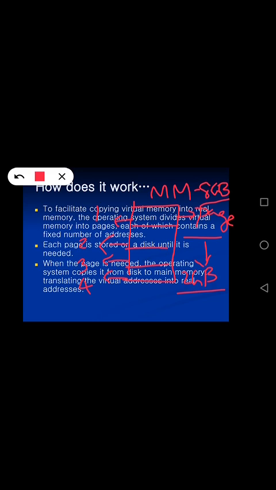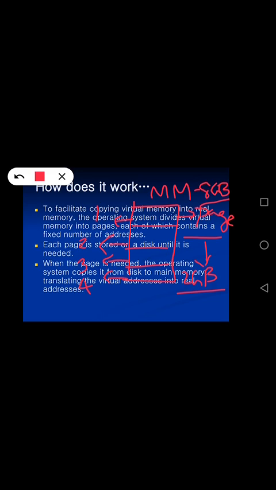Initially, all the processes, remember, a process means a program is divided into different processes, and a page can accommodate at least one process, or it can accommodate more than one process.